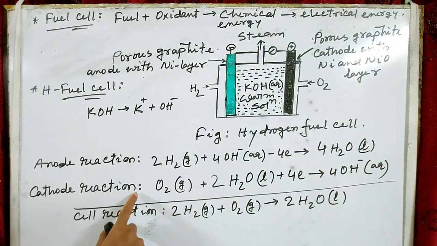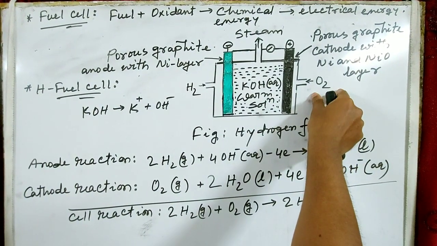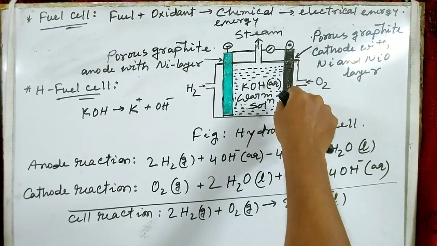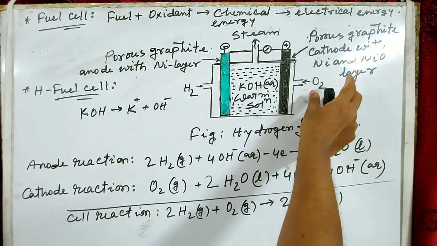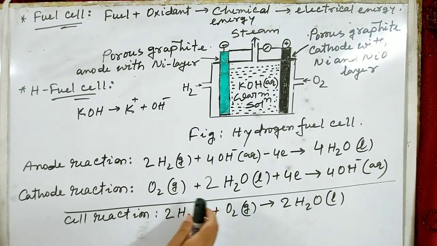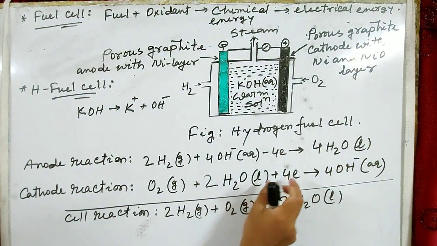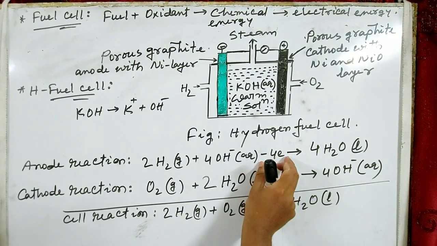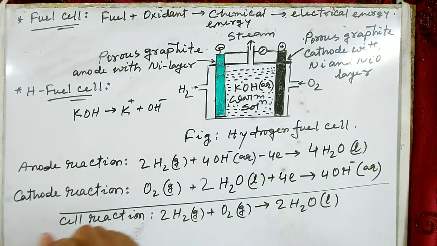And come to the cathode. In the cathode, atmospheric oxygen is passed through the porous cathode as oxidant. The supplied oxygen reacts with the water of the aqueous solution and accepts electrons, which are released in the anode, to produce 4 hydroxide ions.